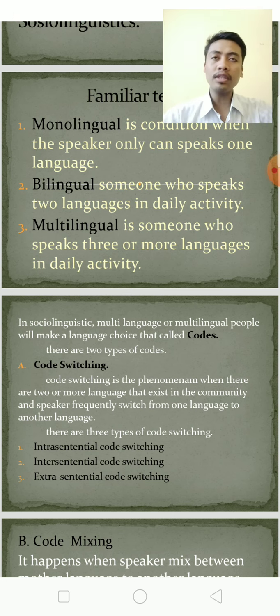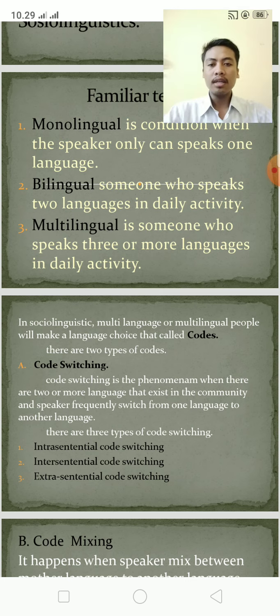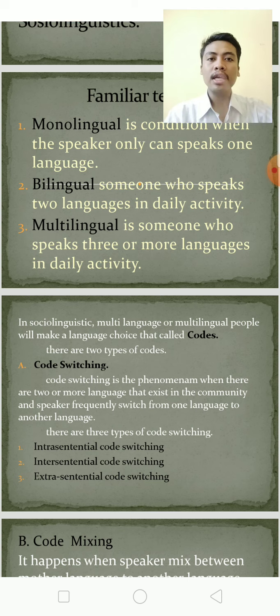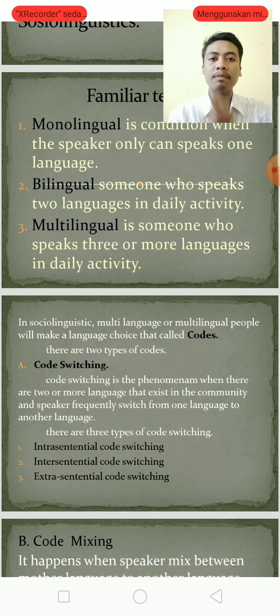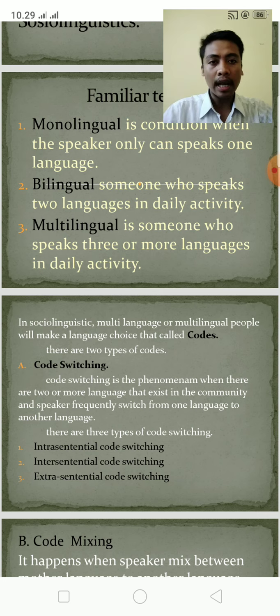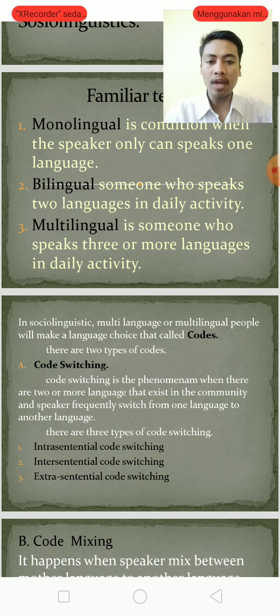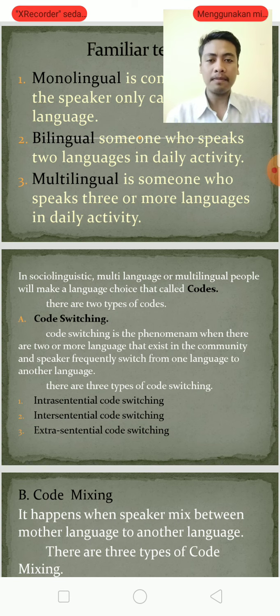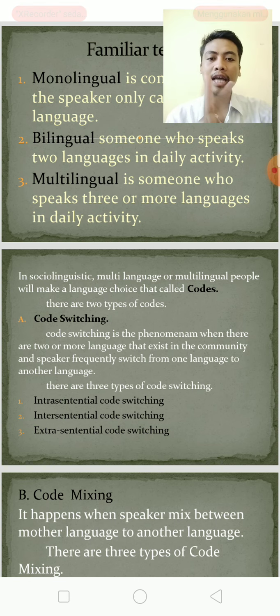Code switching is the phenomenon when two or more languages exist in the community, and speakers frequently switch from one language to another language. In code switching there are three types.